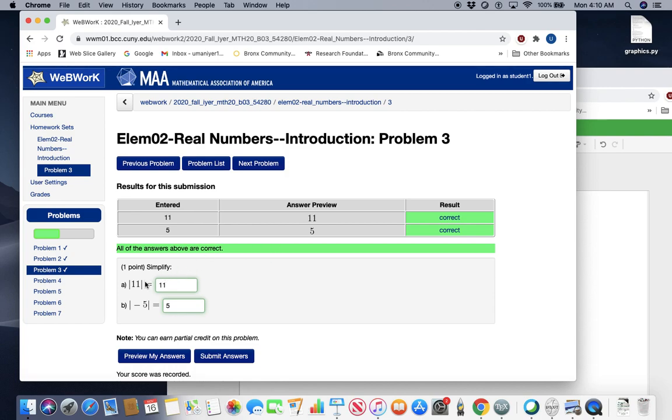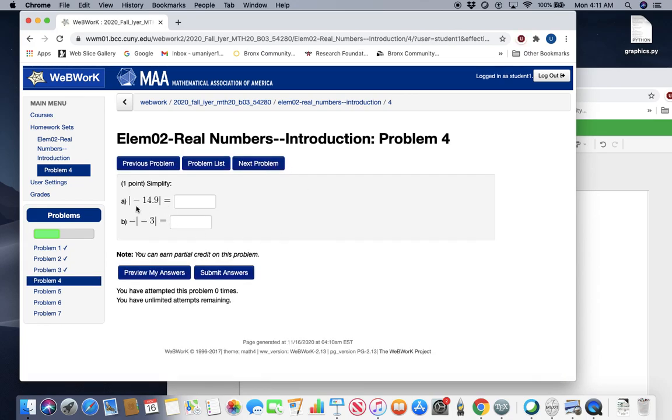I hope you remember, absolute value of any number always gives you its magnitude, so it's always going to be positive or 0. Absolute value of -14.9. It is positive 14.9.